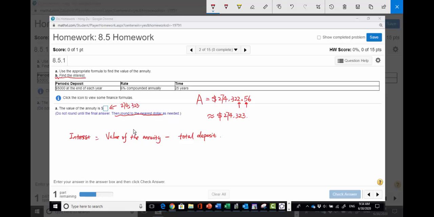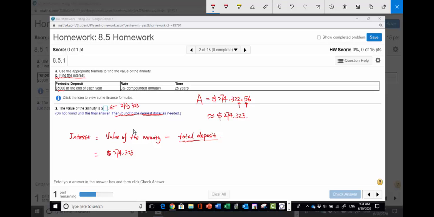We already have the value of the annuity, which is $274,323. But let's look at the total deposit. In the problem, it tells us $5,000 is deposited at the end of each year for 25 years. So this is the total investment, the amount of money deposited.